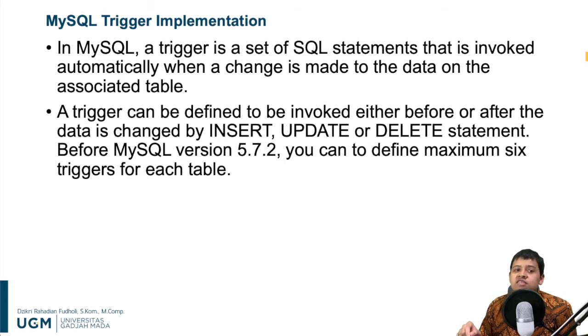Before MySQL version 5.7.2, you can define a maximum of 6 triggers for each table. But after that, I think there will always be updates to that, so please refer to the current version of MySQL. It may be different for different databases, so please refer to the manual for each SQL.